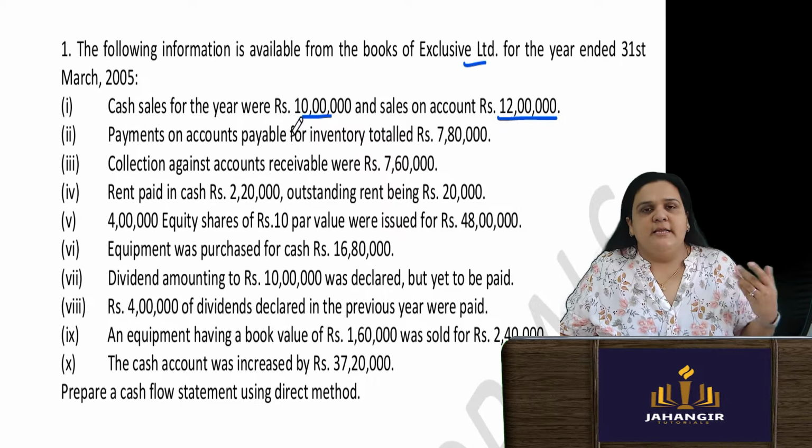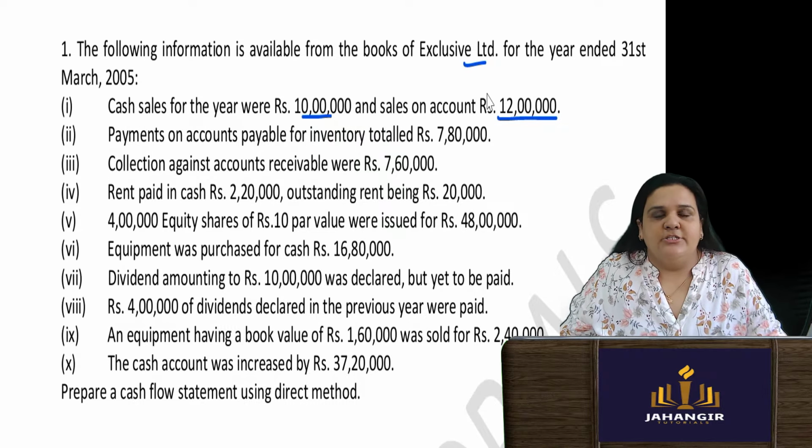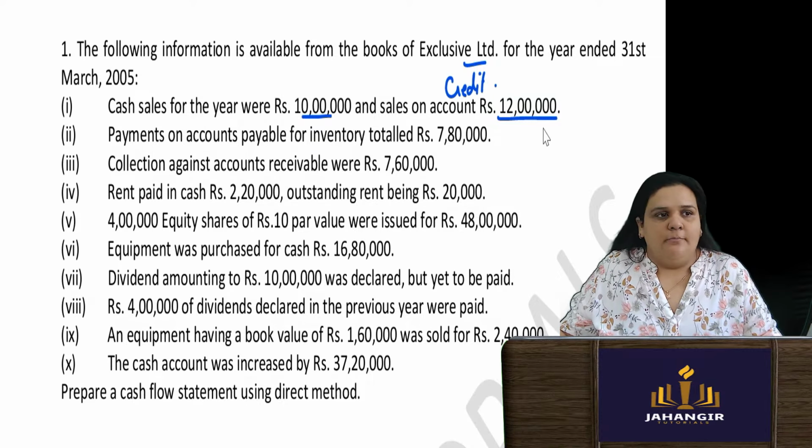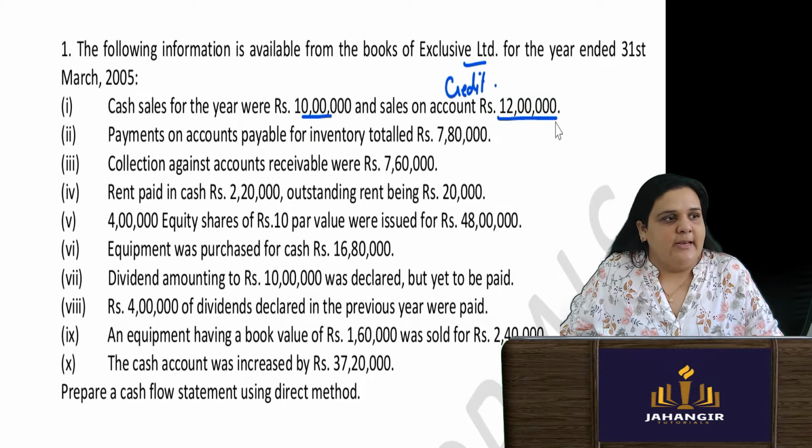Now cash sales means you're directly selling the goods on cash, and on account means it is on credit. You will receive money later on, but there is a sale happening of rupees 12 lakhs.